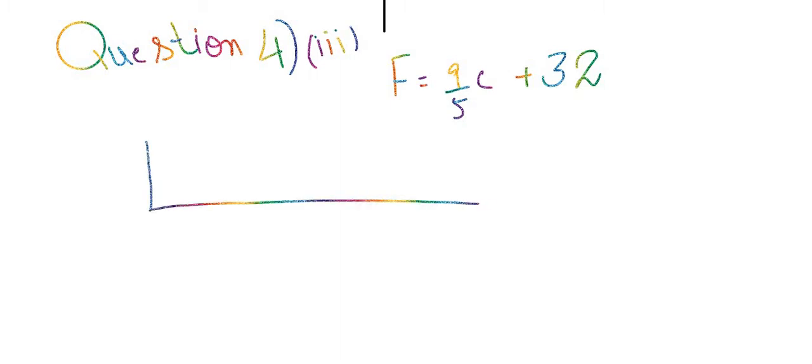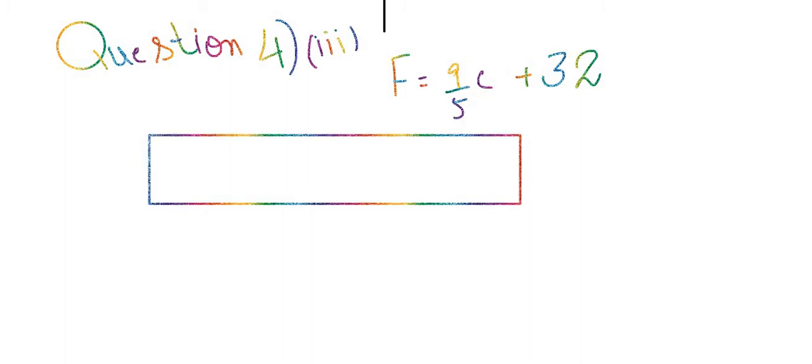Here the line given is f is equal to 9/5c plus 32. Now we put random values of c and f. I write here c, and here I get the values of f, and I put random values of c. You can put any value of c, but the graph will be the same.